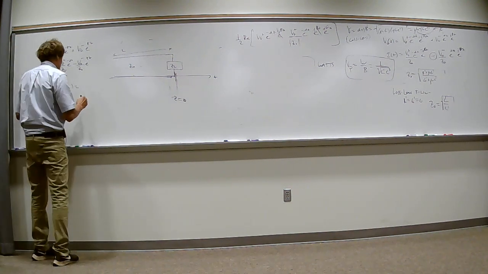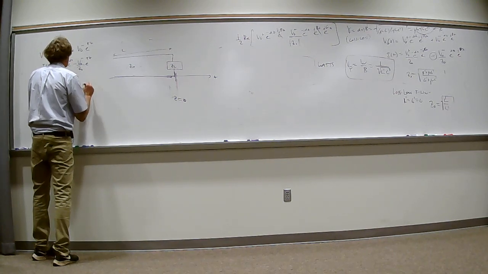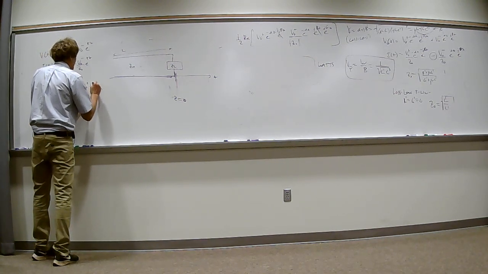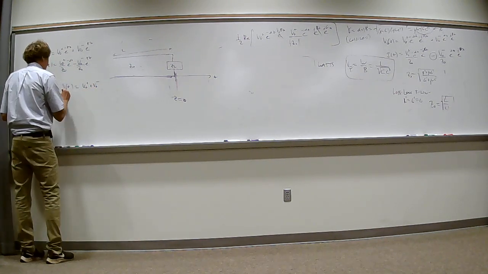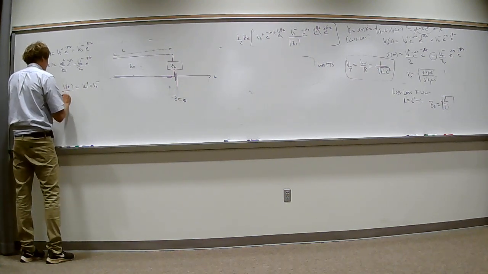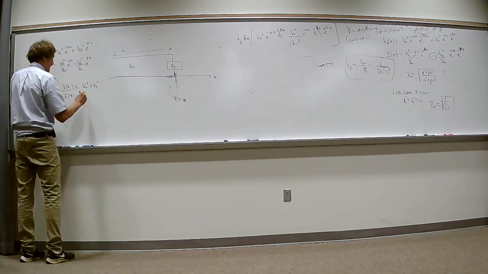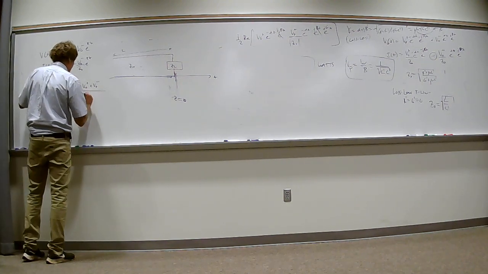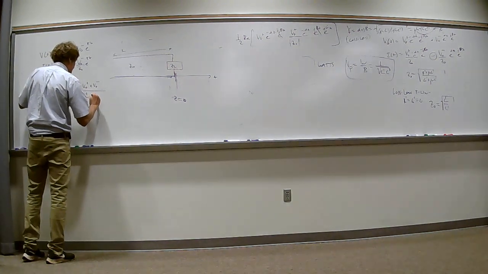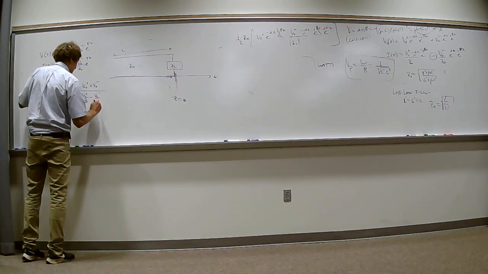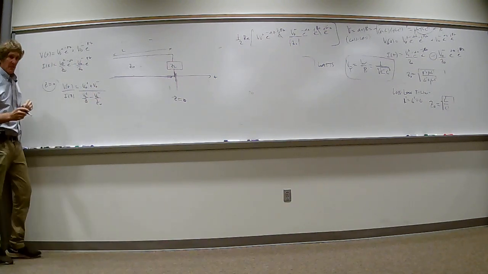So this means that's V0 plus V0 minus. And I'm going to divide that by I of Z, but this is at Z equals 0. And that means it's V0 plus over Z0 minus V0 minus over Z0. You all see what I'm doing here?